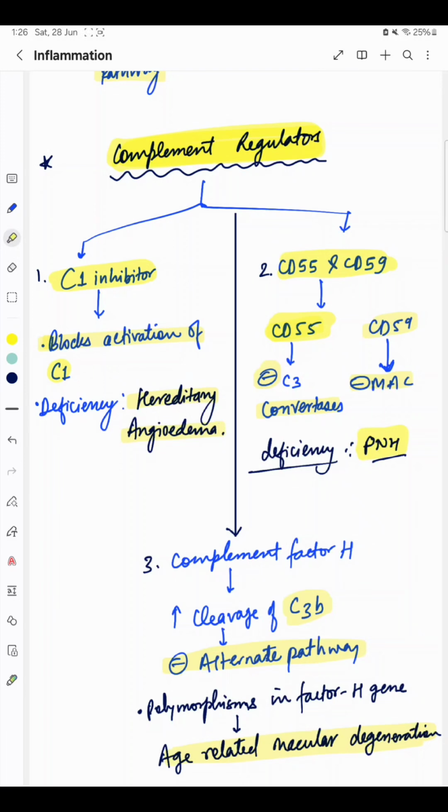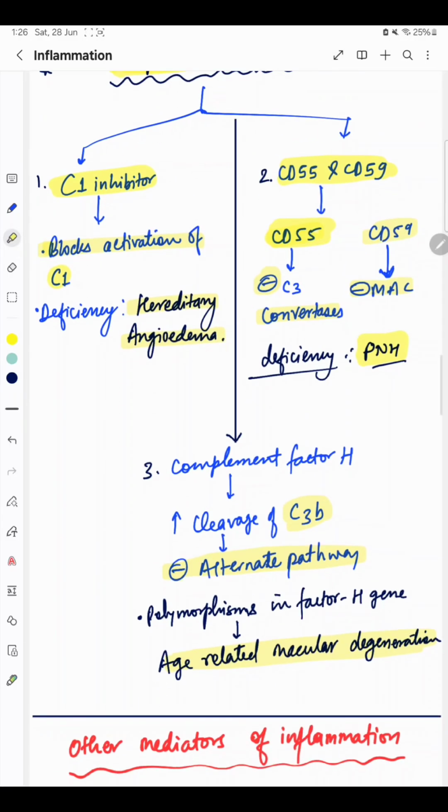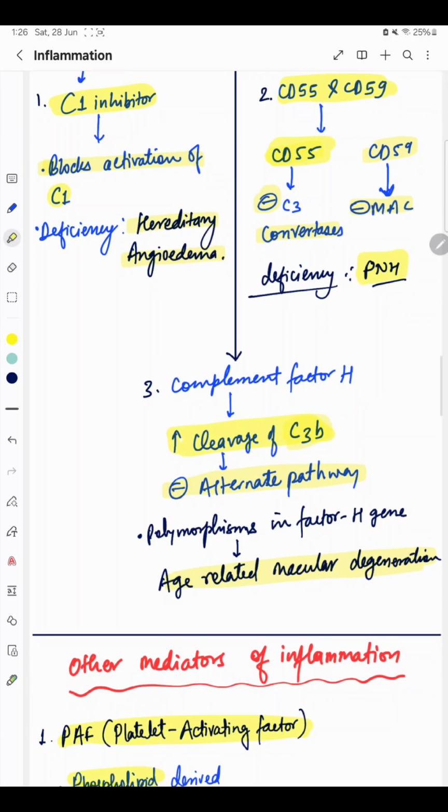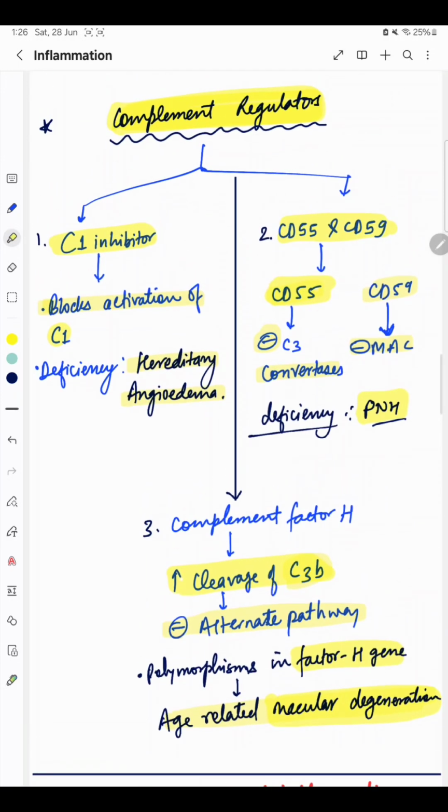The third type of regulator is complement factor H. It increases the cleavage of C3b and inhibits the alternative pathway. Polymorphism of this factor H gene results in age-related macular degeneration. So we have three classes of complement regulator.